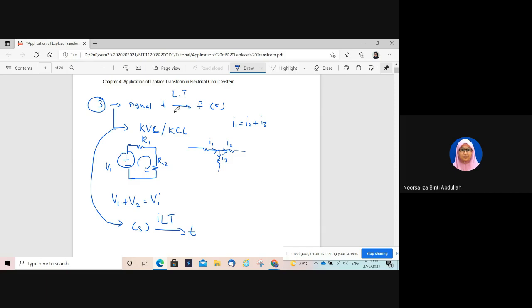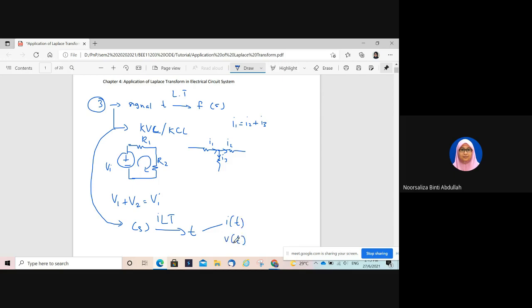You convert back to get either i(t) or v(t).